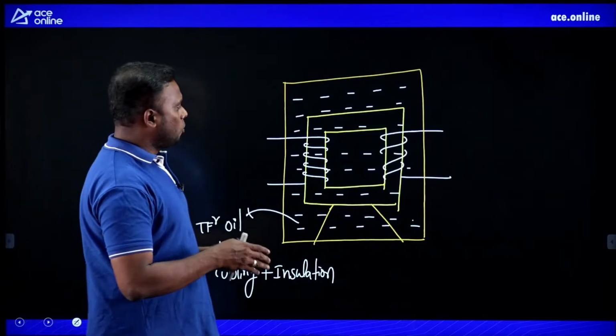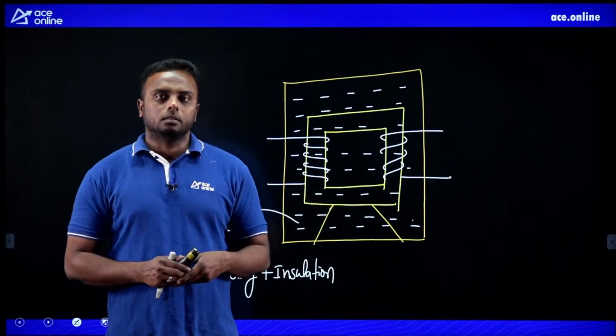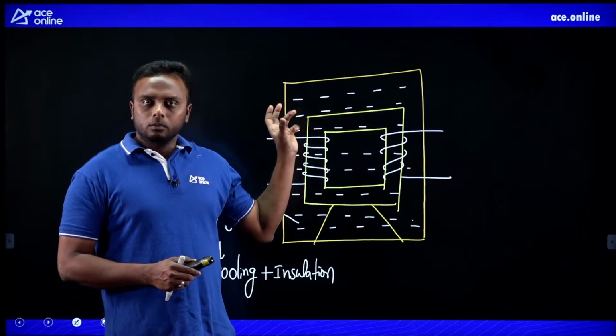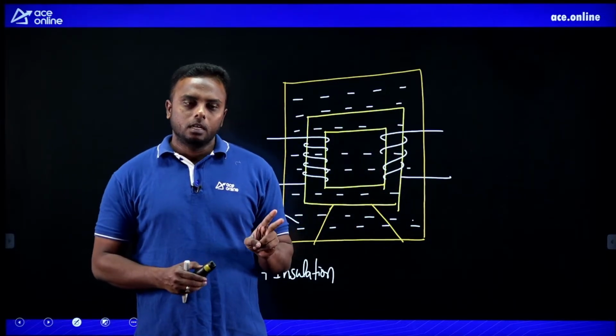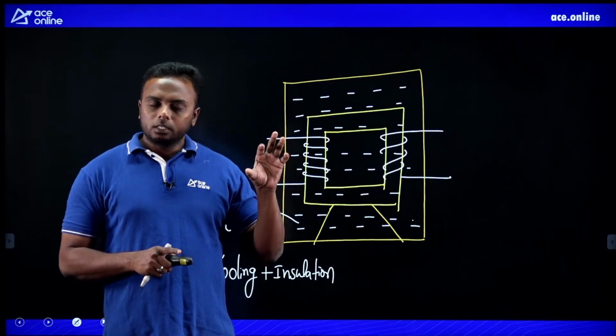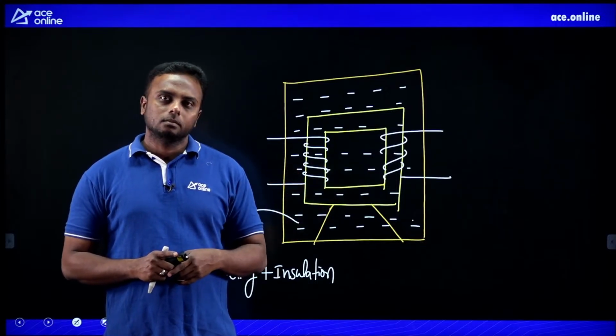Generally the transformer core and windings get heated up whenever they are supplying loads. Due to current in the winding, copper wires heat up, and due to the voltage we apply, the core heats up, because mainly we have two losses, iron loss and copper loss. Iron loss depends on the voltage applied to the transformer. If voltage increases, iron loss also increases.